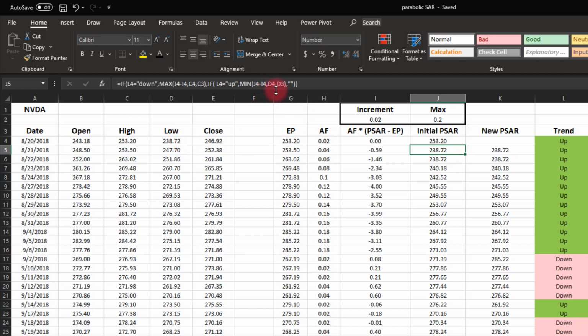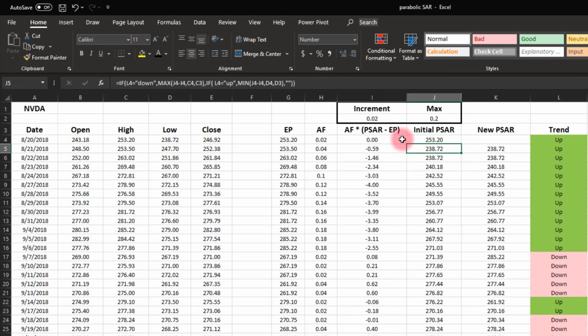That's the lowest of those three values. And so we're going to do that comparison, and that's how we're coming up with this value. So yes, I know it gets very complicated, but that's how it's coming up with these PSAR values, at least for the initial one. Now we have to check that against some other conditions, and that's what this new PSAR is over here. So the main thing that we're doing here with this new PSAR value is just making sure that the trend or the price hasn't broken through one of those PSAR values.